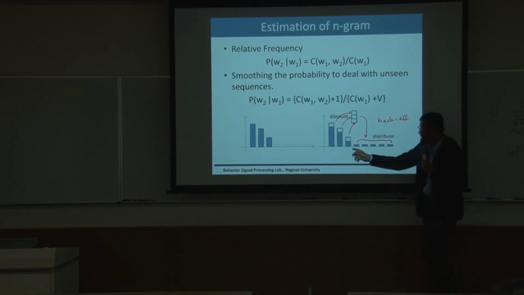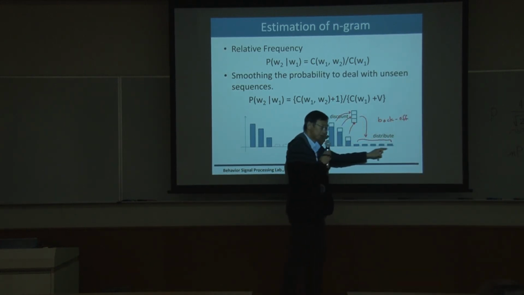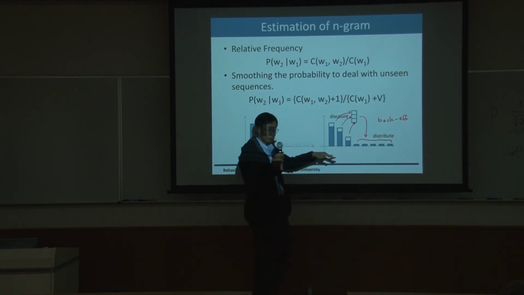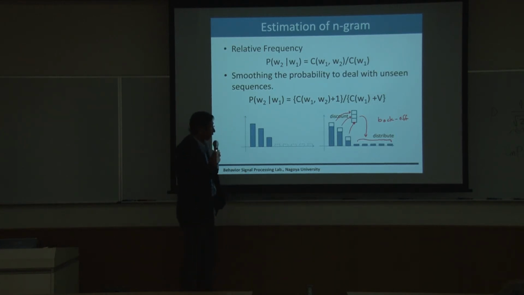This is somehow making a floor value, smoothing the distribution. But this is quite commonly done for estimating n-grams.